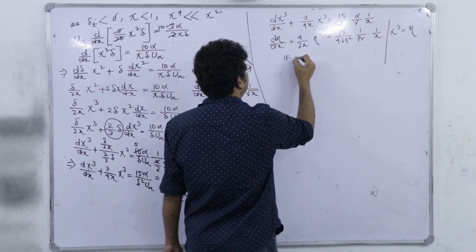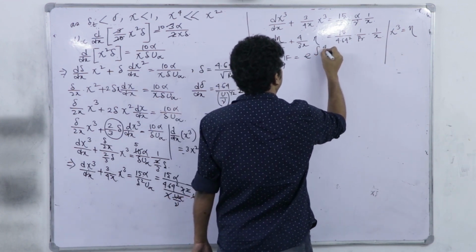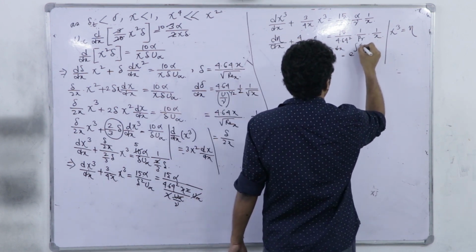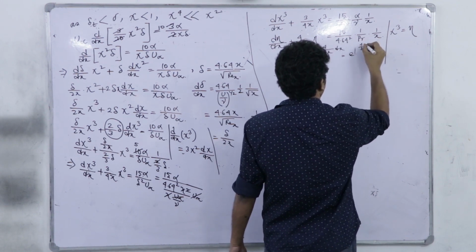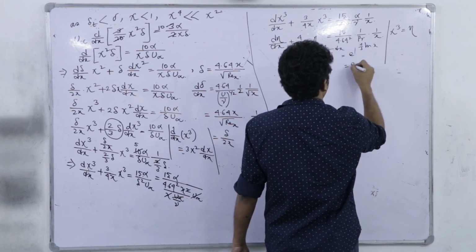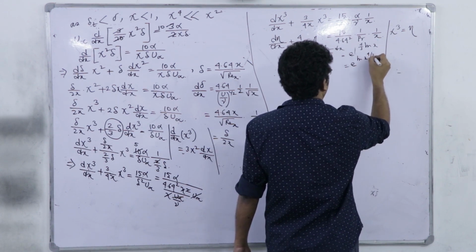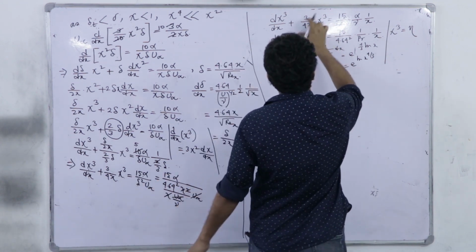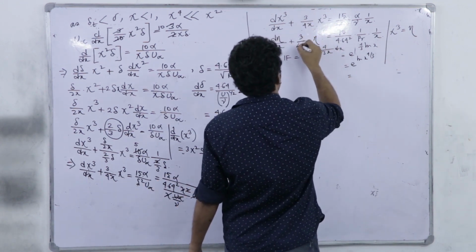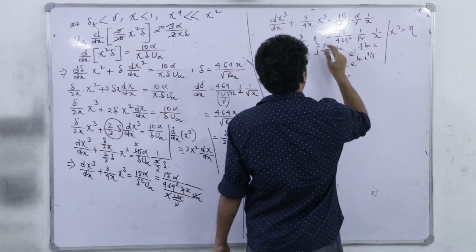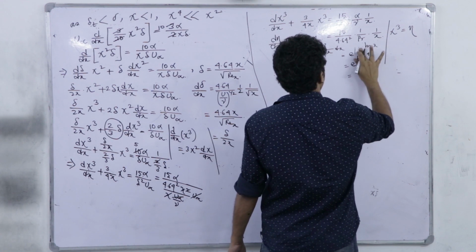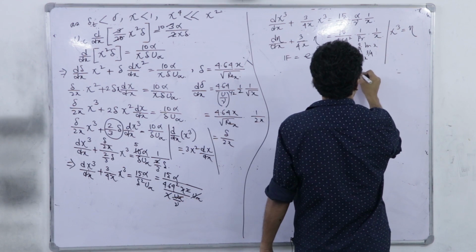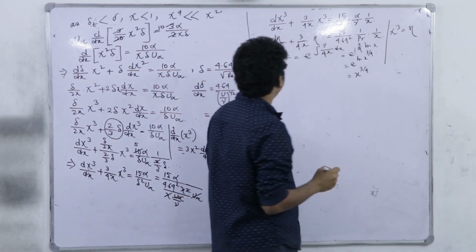So, integrating factor of this equation will be e to the power integral 4 by 3x dx, right, e to the power 4/3 ln x. So, e to the power ln of x to the power 4 by 3, sorry, that is 3 by 4. So, it is x to the power 3 by 4, that is the integrating factor.